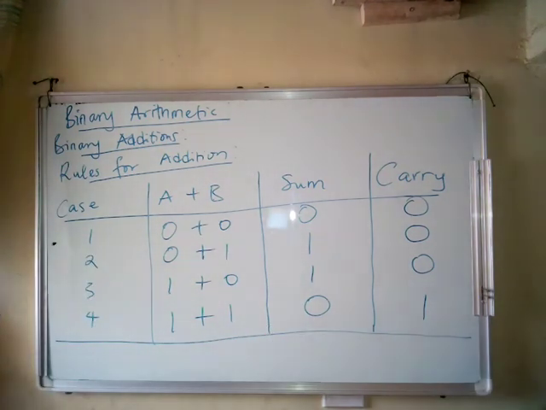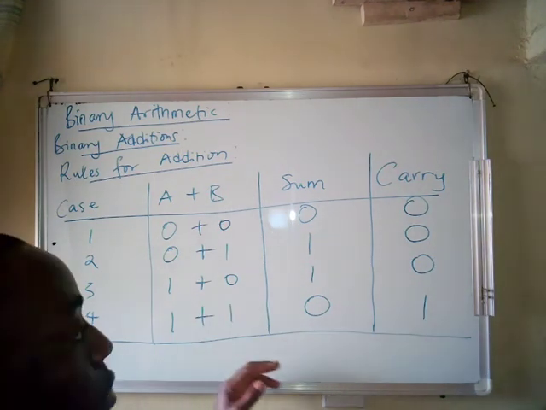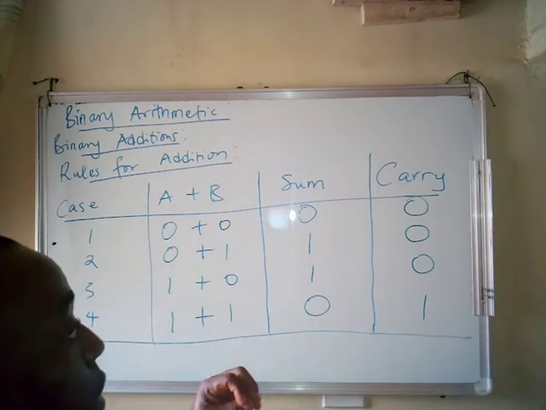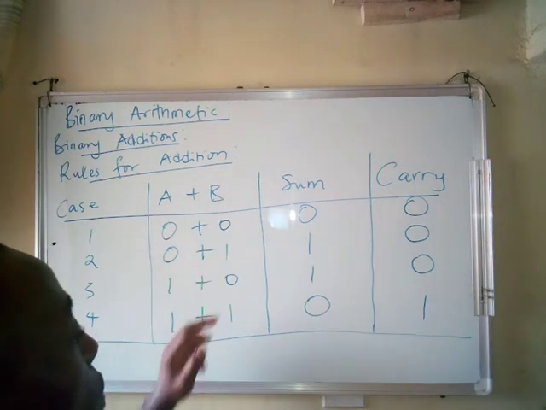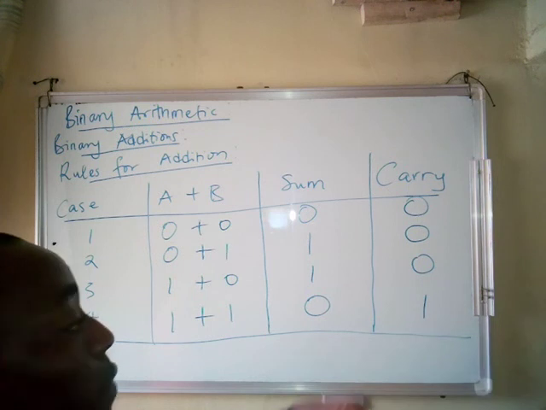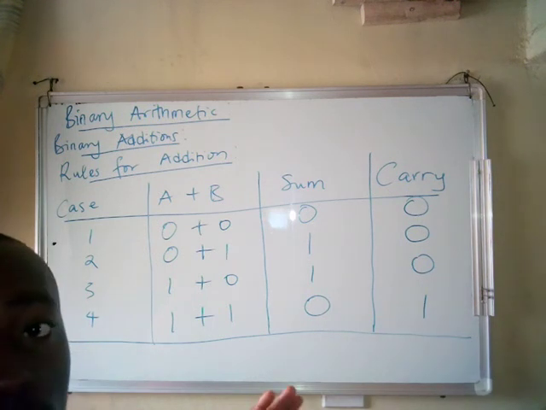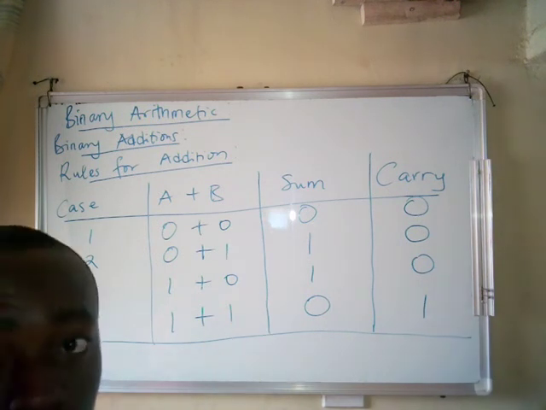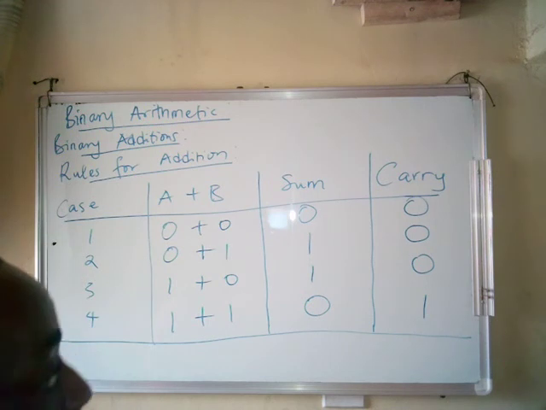But this is like a table. In all the cases, the only places where you have zeros are in your 0 plus 0 and 1 plus 1, where you only carry when you have 1 plus 1, but they will give you zeros for both. You understand?